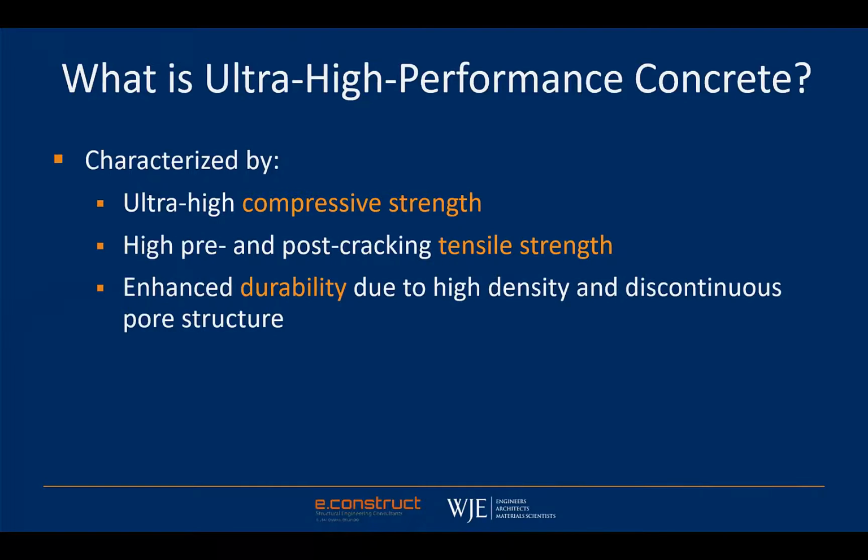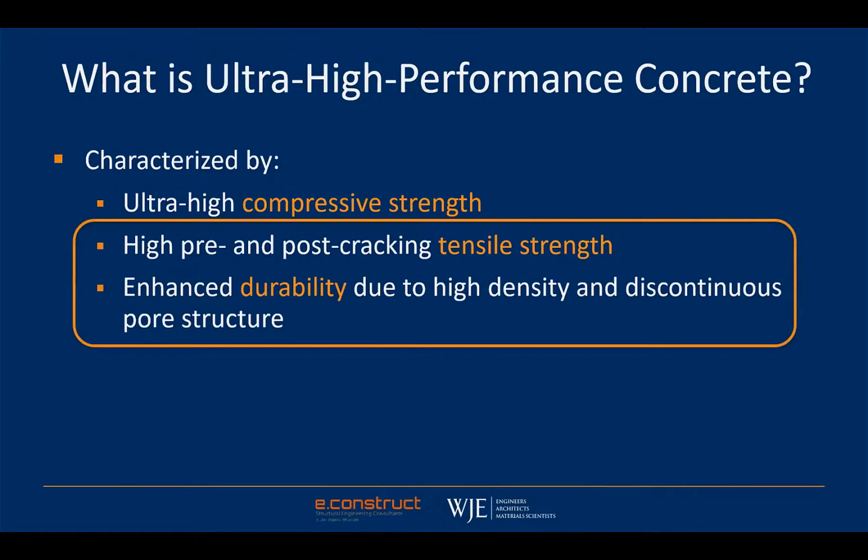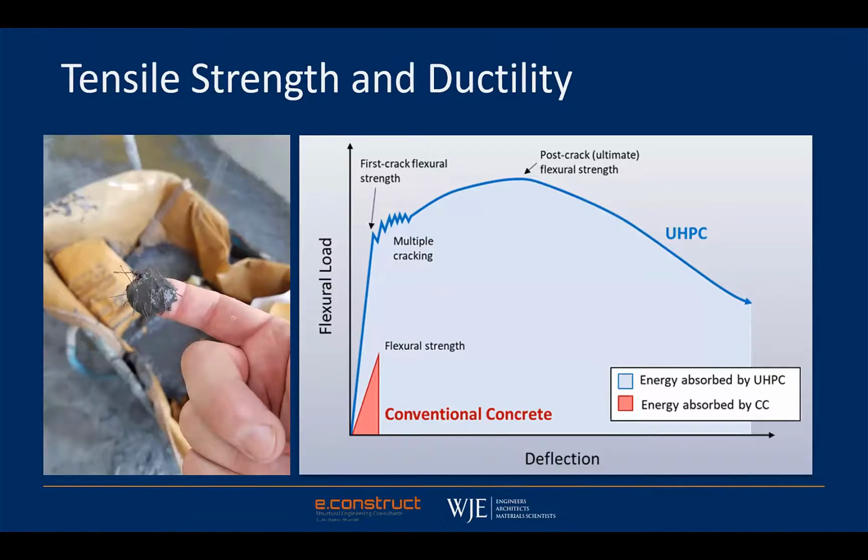It also has very high tensile strengths, both pre and post cracking. And thirdly, it has enhanced durability due to the high density and the discontinuous pore structure in the material. Of these, the two that really separate UHPC from more conventional concretes are the tensile performance and the great durability, and those are the things I'm going to focus on in the next couple slides.